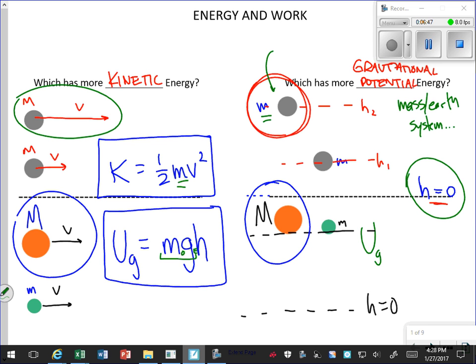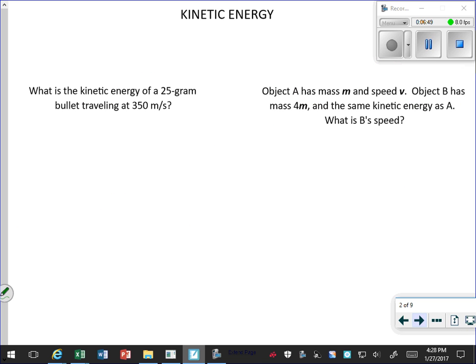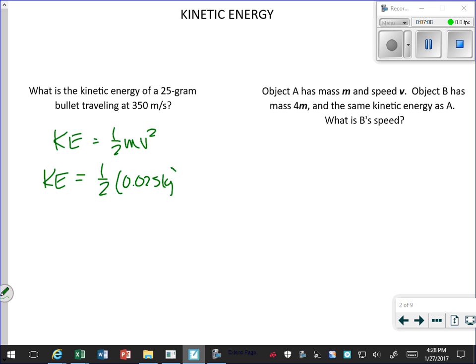Onward. These are easy. What's the kinetic energy of a 25-gram bullet moving at 350 meters per second? It's 1/2 mv squared. Now, we're going to want our masses in kilograms, and our velocity is still in meters per second.